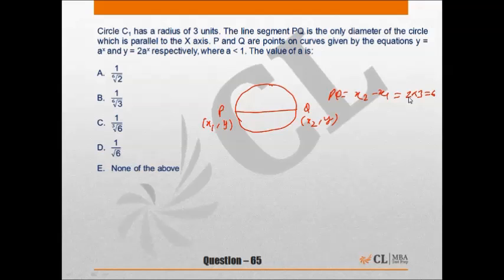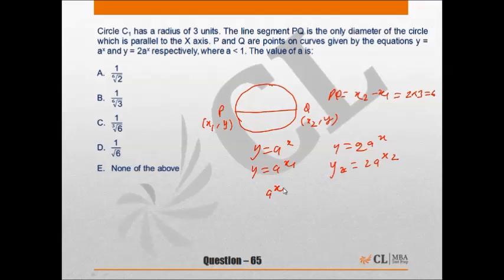It is also known that P and Q are points on curves given by equations y equals a^x and y equals 2a^x. So at point P, y will be a^x1, and at Q, y will be 2a^x2, and these 2 points have the same y coordinates.